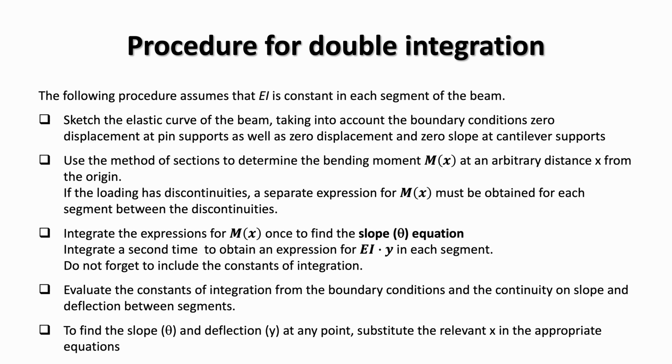We shouldn't forget to add the constants of integration at each step. And finally, we'll use the boundary conditions and the continuity of slope and deflection at the interface point, if there is one, to determine the constants. Once constants are known, we can substitute the required value of x to obtain the slope and deflection at any point of interest along the structure.